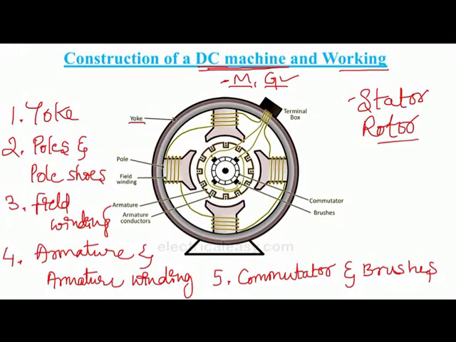A basic constructional diagram of the DC machine is shown here. Here you can observe the yoke. The yoke is the outer frame of the DC machine, and it is made up of either cast iron or steel.